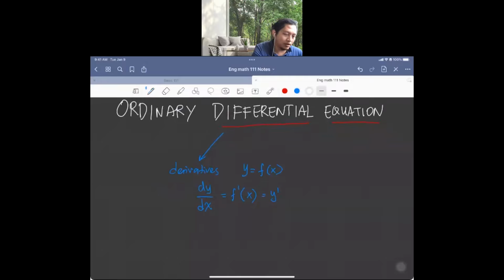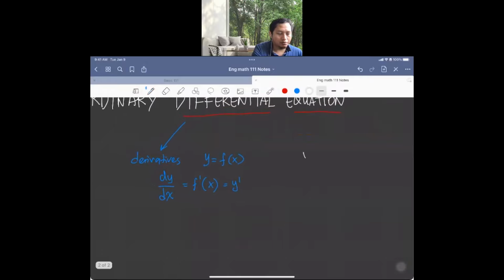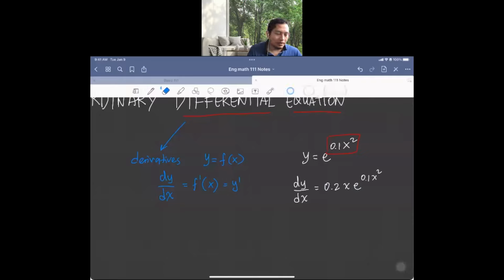If we have a function, for example y equals e to the power of 0.1 x squared, and you want to find its derivative, you can just derive this as usual, like in the first calculus. We have the chain rule here, so we write 0.2x, and then e to the same power all over again because of the exponential.